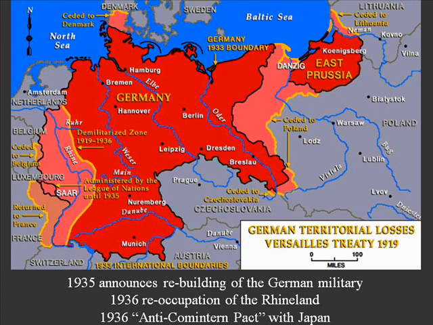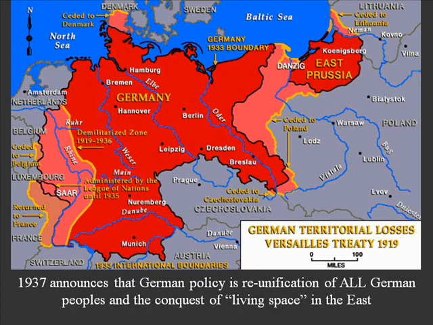Okay. And that's the name of the treaty. 1937. Hitler announces that the official German policy is the reunification of all German peoples, and to conquer that so-called living space out in the eastern frontier, the eastern countryside, which starts getting very close to Poland. So he's not just looking at the Rhineland.